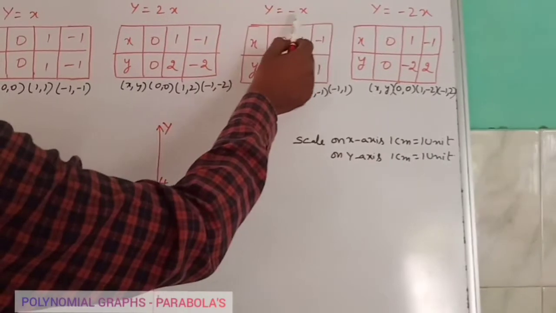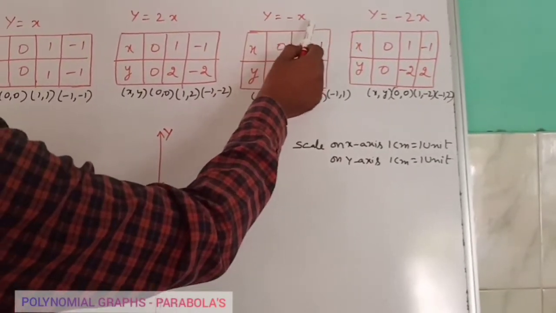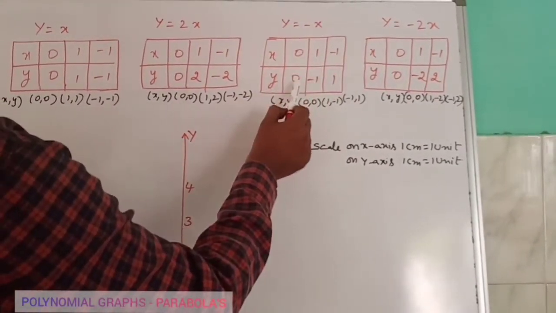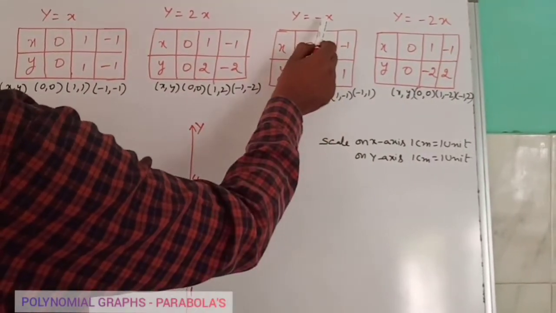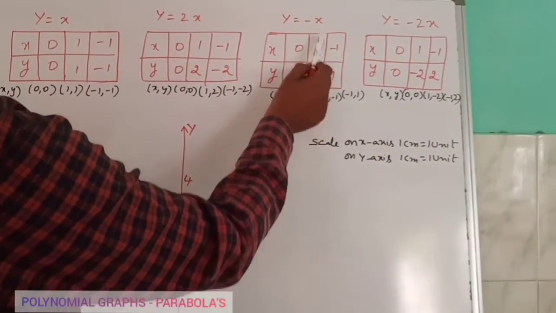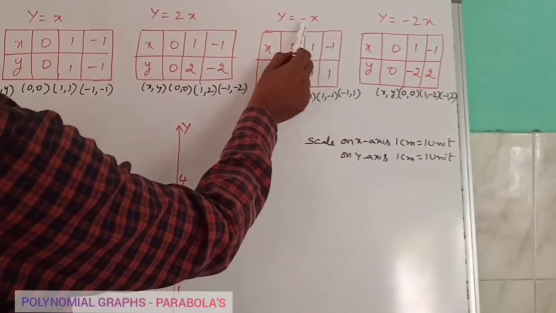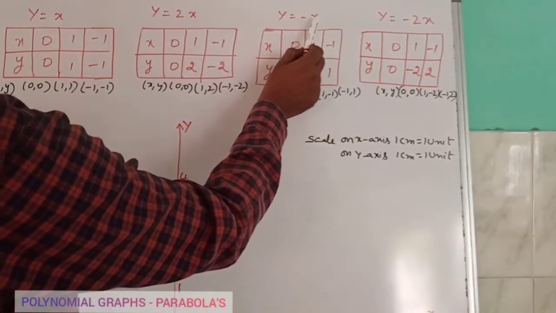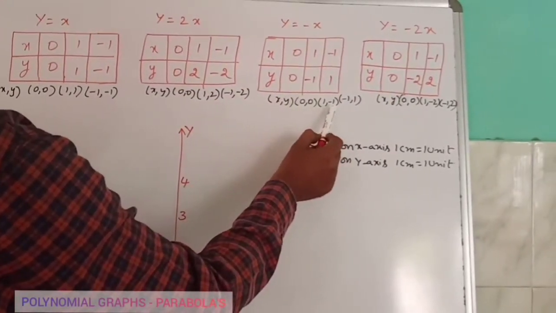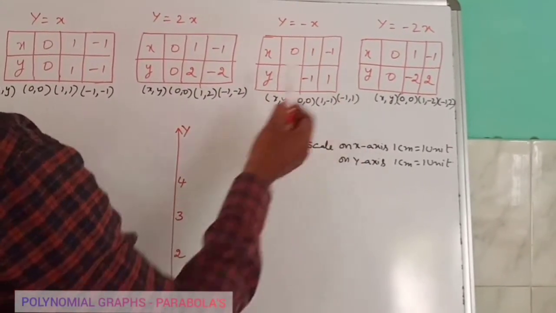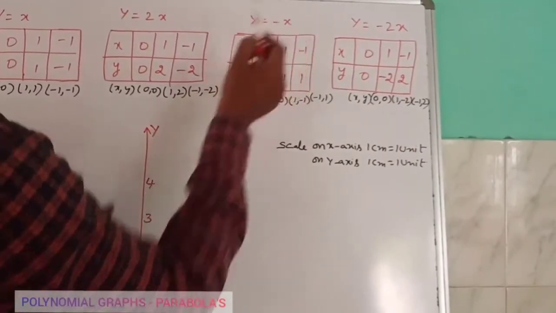Here y equal to minus x, that means minus 1x: x value 0, y value also 0; x value 1, y value minus 1; x value minus 1, minus into minus plus 1, that means 0, 0; 1 comma minus 1; minus 1 comma 1, those are the ordered pairs of y equal to minus x.